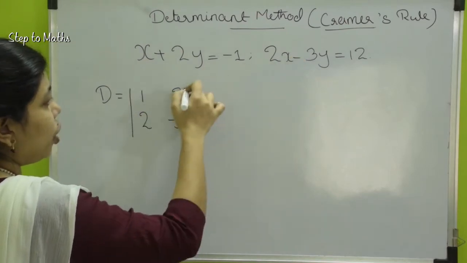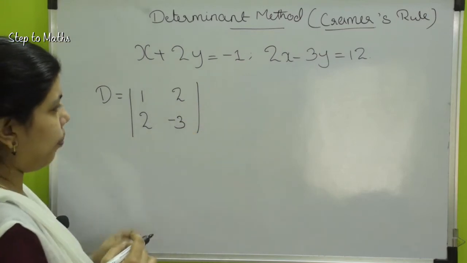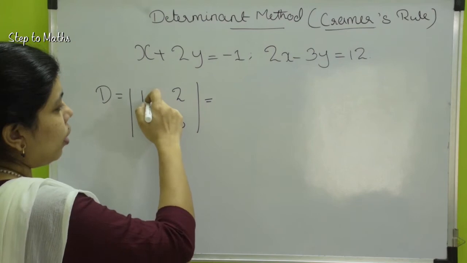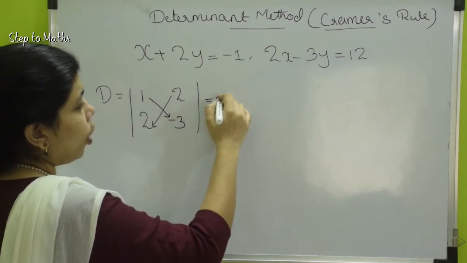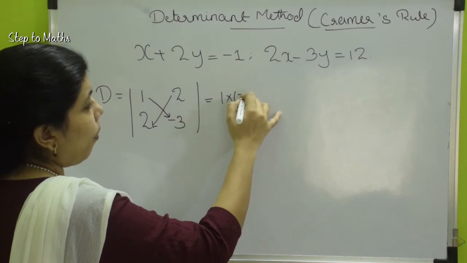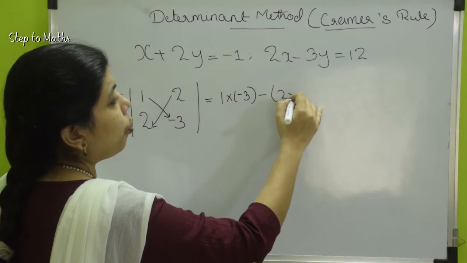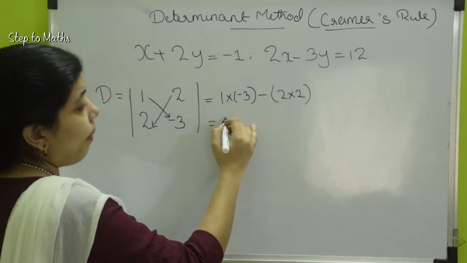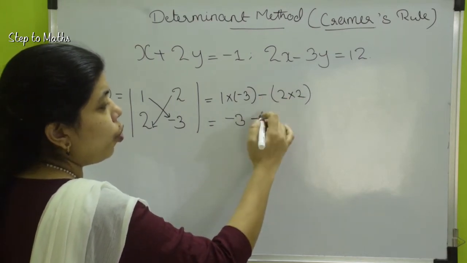So, D is equal to 1, 2, 2, -3. Now, find the value of this determinant: 1 into -3 minus 2 into 2. 1 into -3 is -3, minus 2 into 2 is 4.